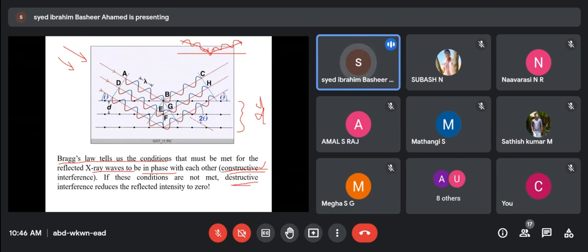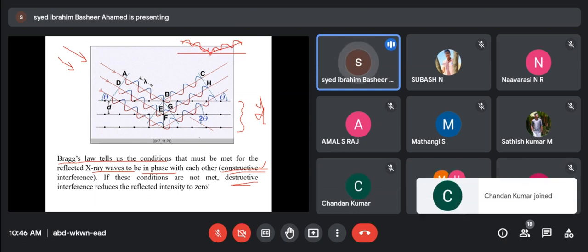The second wave is going into another layer, another plane, and from here it is emitting. Then you think of another wave. Again it is traveling deeper into another plane, then it is emitted. Now the condition is that all these waves should be in the same phase.